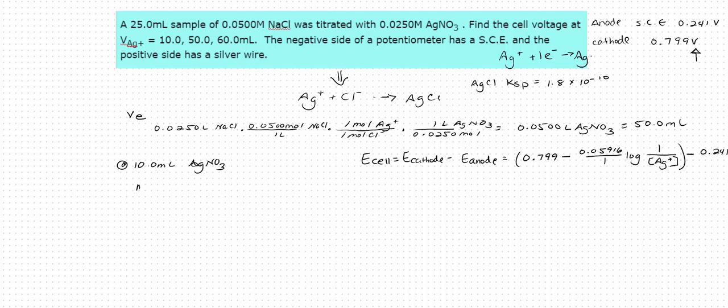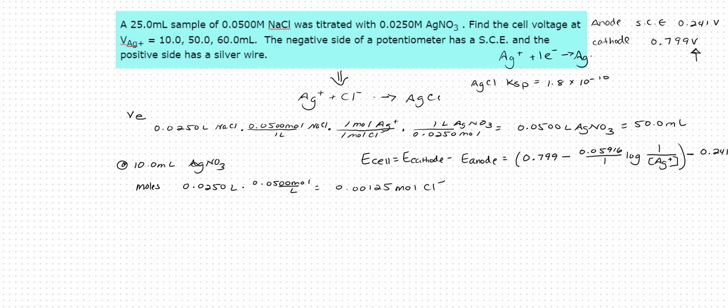Now, how many moles of chloride have I started with? I have 0.0250 liters, and I'm going to multiply that by the concentration. So I start with 0.00125 moles of the chloride.